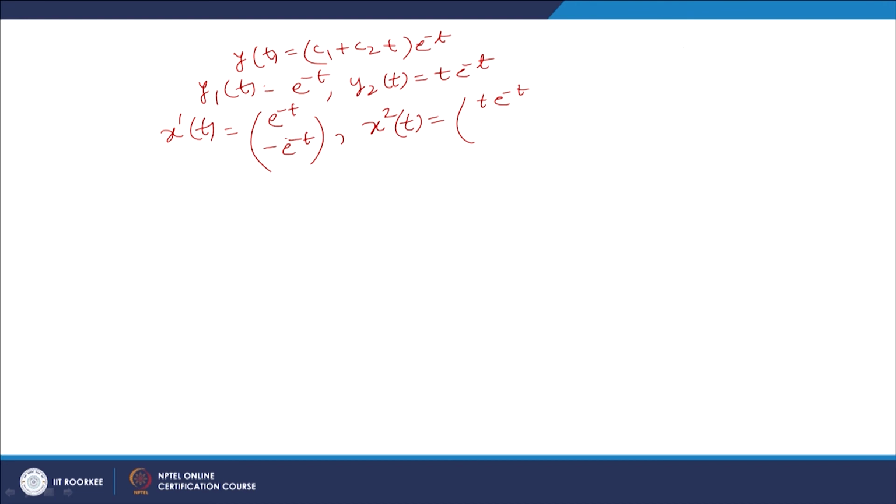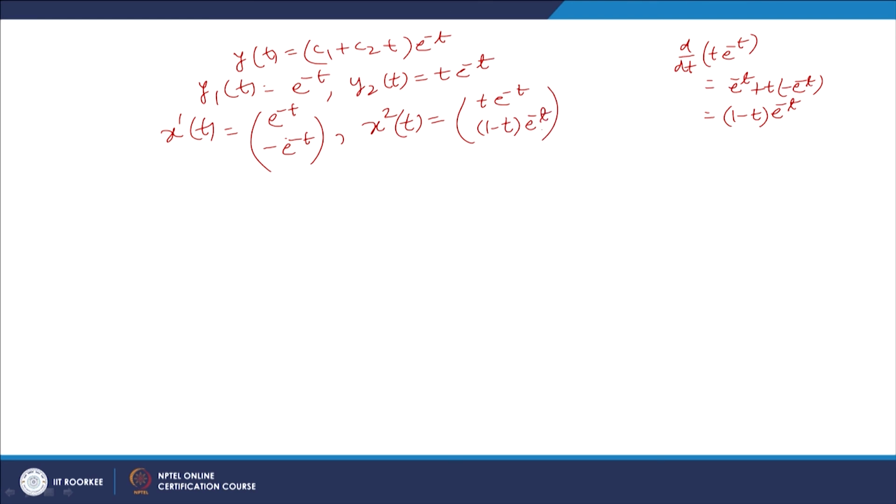The derivative of t e to the power minus t: the derivative of t is 1, so we get e to the power minus t, and then t times minus e to the power minus t. So we get 1 minus t into e to the power minus t.